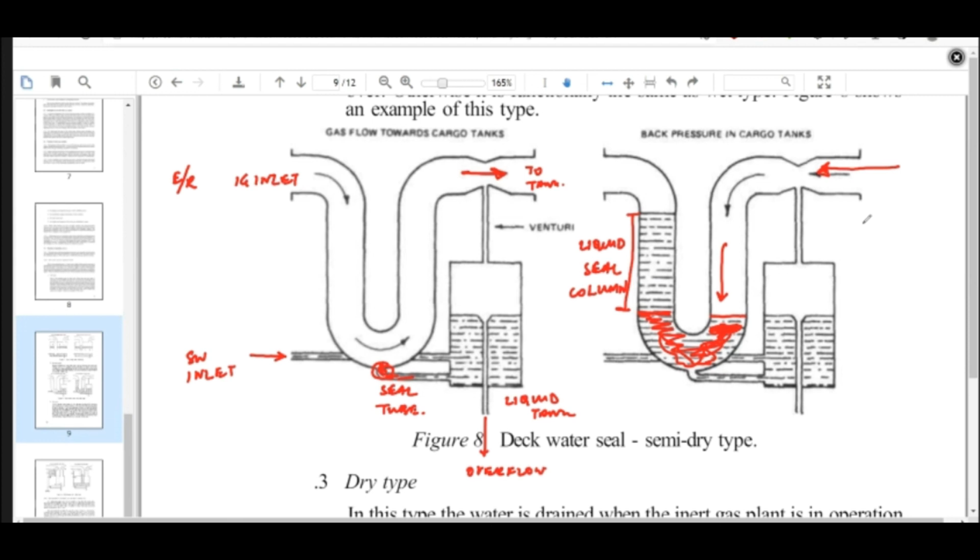This U part here will be entirely empty. There will be no liquid here. Is that okay?